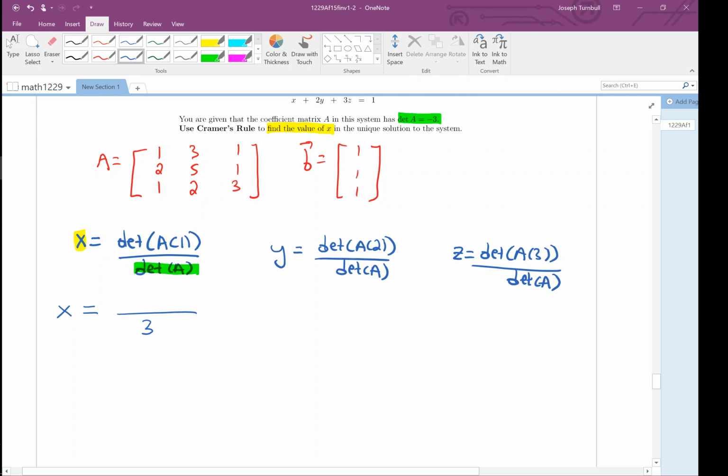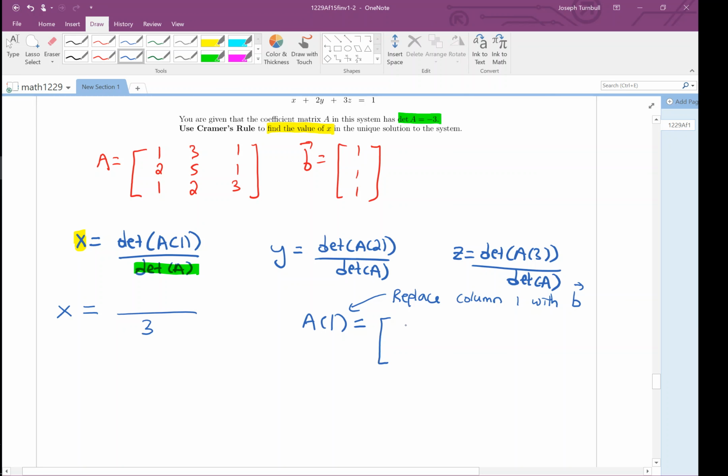Now I need the determinant of the replacement matrix A1. A1 is the matrix you get when you replace column 1 with B. A2 is replace column 2 with B. A3 is replace column 3 with B. So here we go.